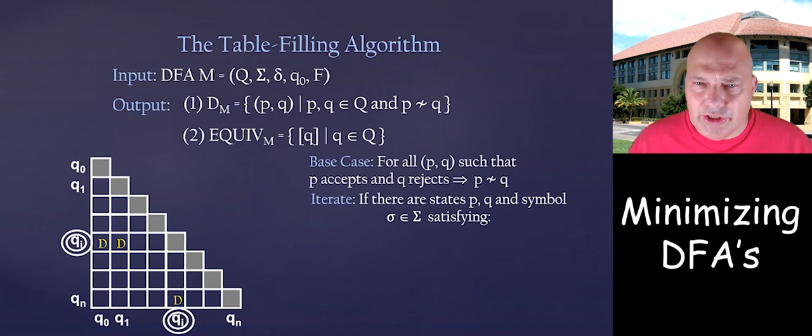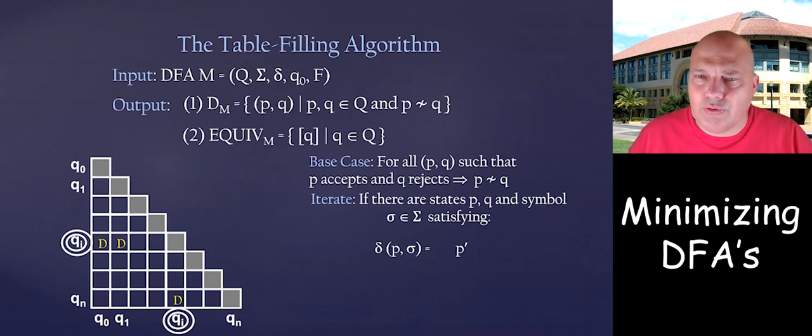Then we go in iterations. In each iteration, we search all pairs of states that we didn't already determine are distinguishable. So we look at every PQ where we don't know what happens. There is nothing in this table, so we look at an entry in the table that is empty. And now we look at any possible symbol sigma in the alphabet, and we're trying to see if sigma is going to give us evidence that P and Q are distinguishable.